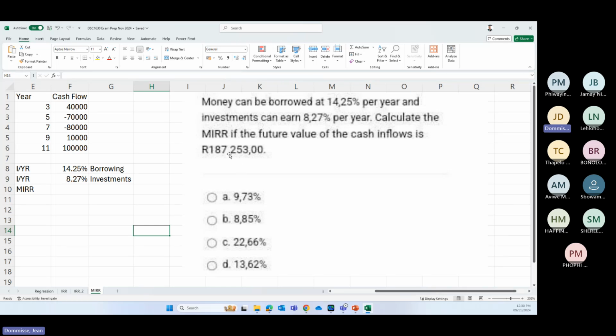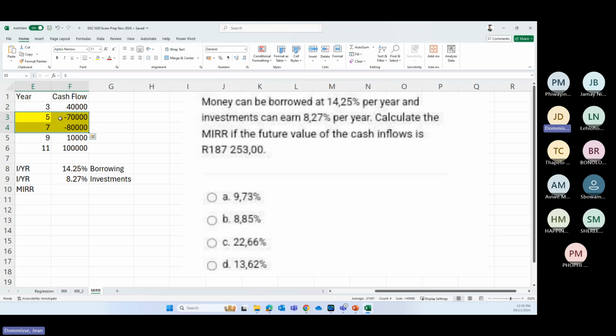So for this calculation, we only need to work out the outflow. So if we would have done it exactly like we did in that previous question, we would only have focused on those two to get the outflow.